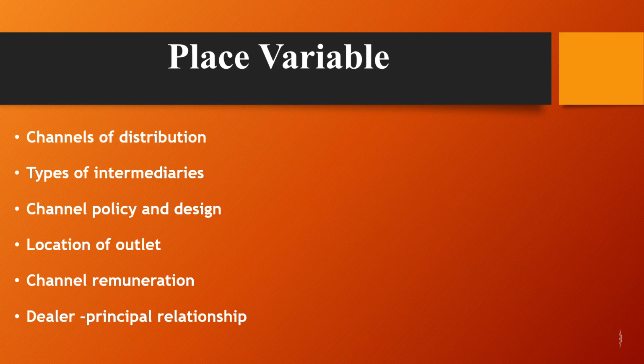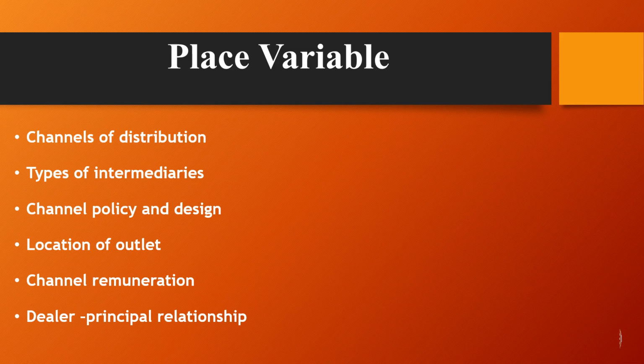Policy and design refer to the strategic planning and implementation of how a product or the service gets from a producer to the consumer. This is like managing the relationship with the partners. Channel remuneration is the fees paid by the parties or the manufacturers or the wholesalers to the specific channel for transportation of goods.